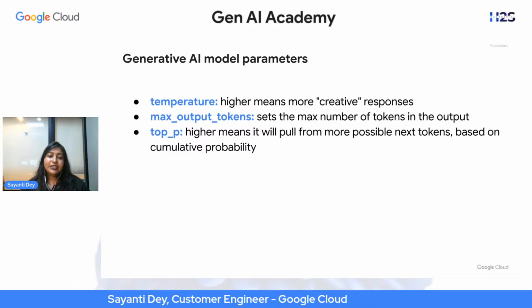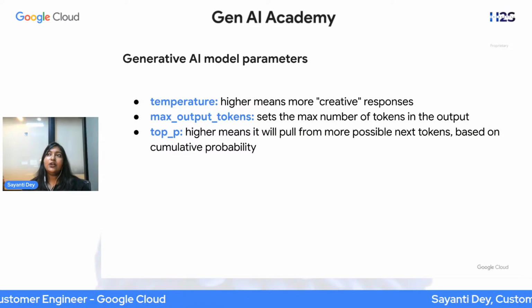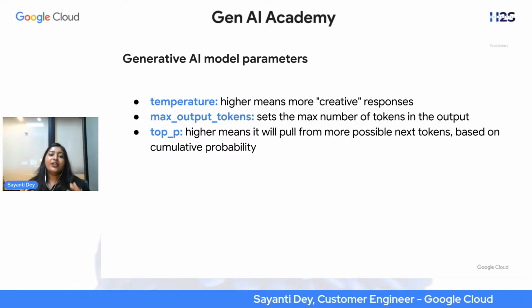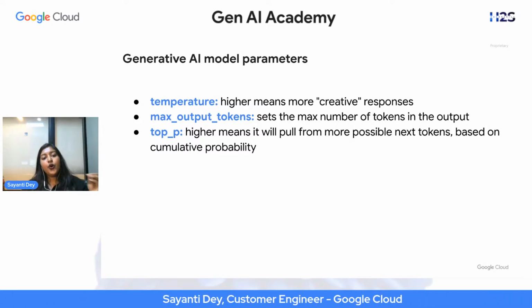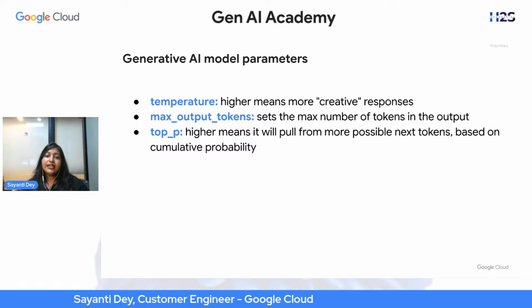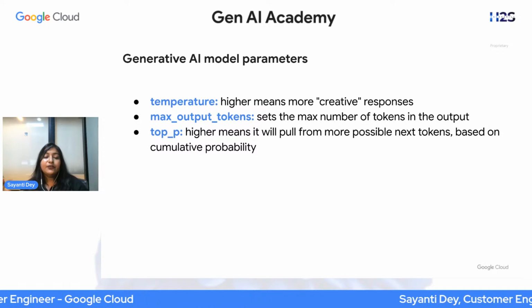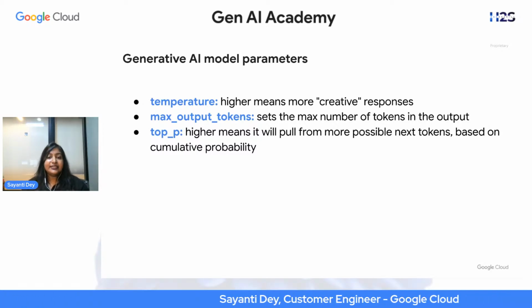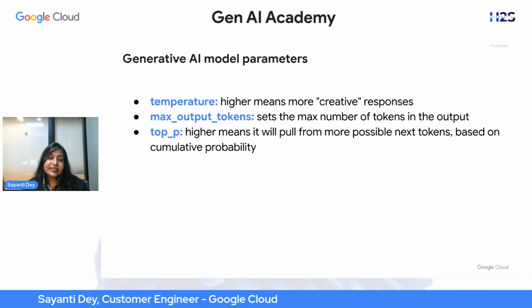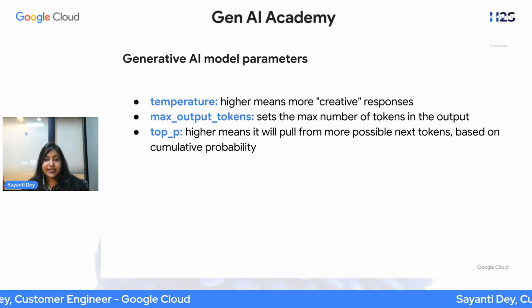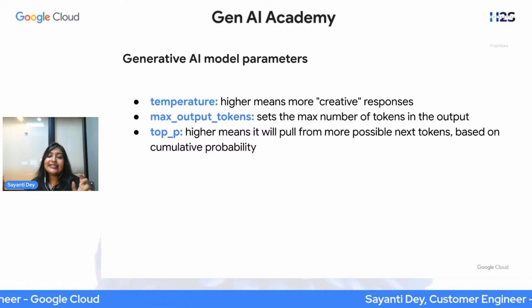Apart from these, there are also features like context caching. You use context caching to reduce the cost of requests that contain repeat content with high input token counts. For example, if you need repetitive analysis of lengthy video files or recurring queries against large document sets, you can create a context cache.